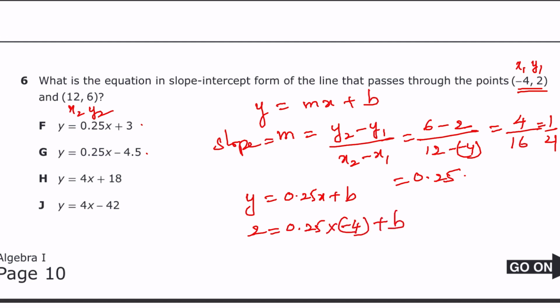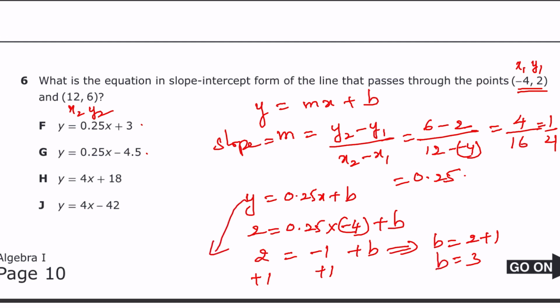So 2 is equal to minus 1 plus b, which implies that b is equal to 2 plus 1, adding 1 on both sides, which is equal to 3. So b is equal to 3. So what is the equation which you are getting? It is y is equal to 0.25x plus 3. So F is the right option, the correct answer.